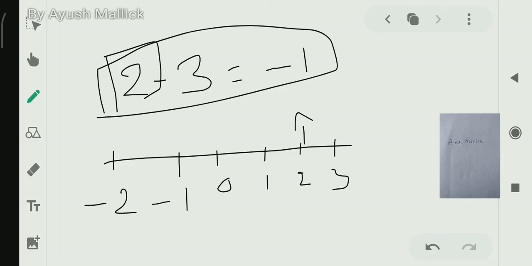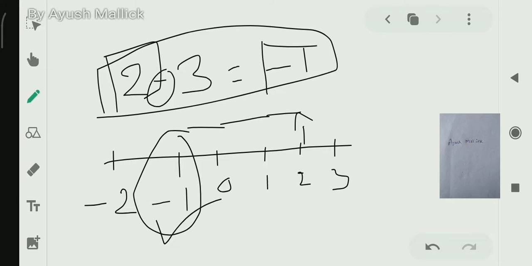We have to go 3 behind. What does negative mean on the number line? Negative means to the left. So starting from 2, we go left three spaces, first, second, and third, and we come to minus 1. So our answer is minus 1.